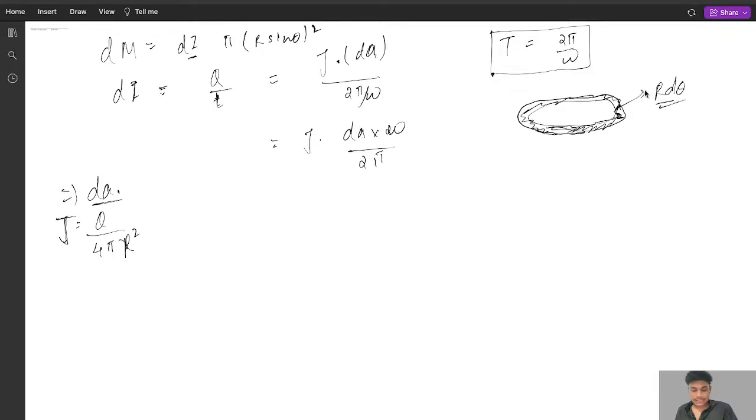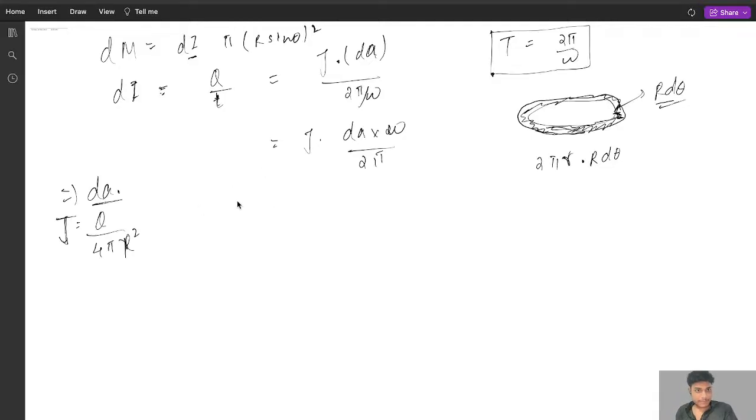Understand? So what is the surface area? That is 2 pi r, that is small r, the perimeter of this disk, into this width, that is r d theta. Understand?